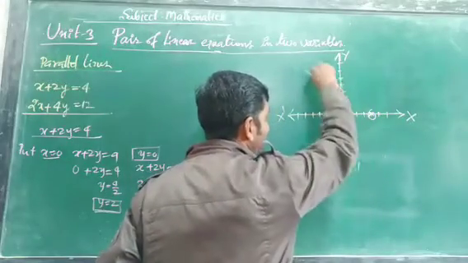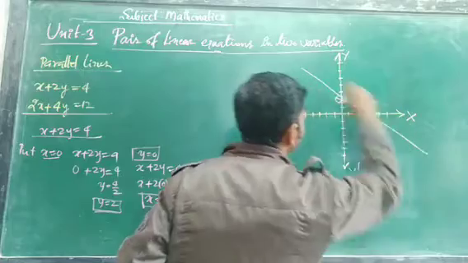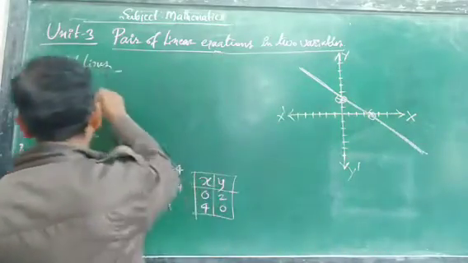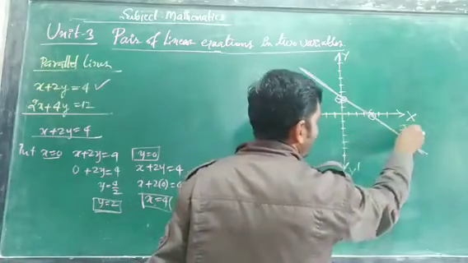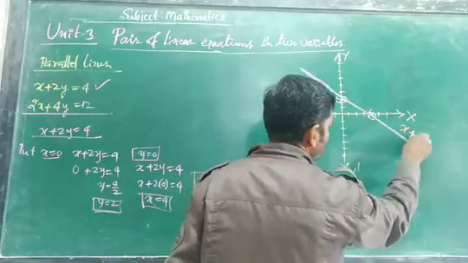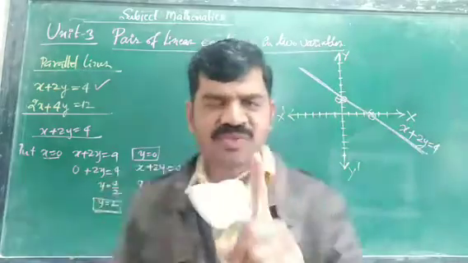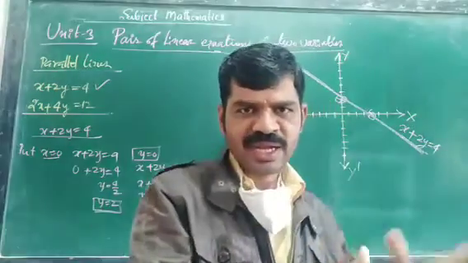So this is the line. The name of this line is x plus 2y is equal to 4.